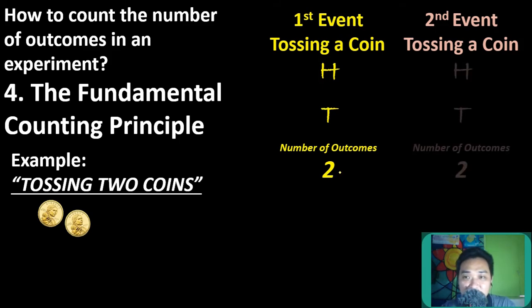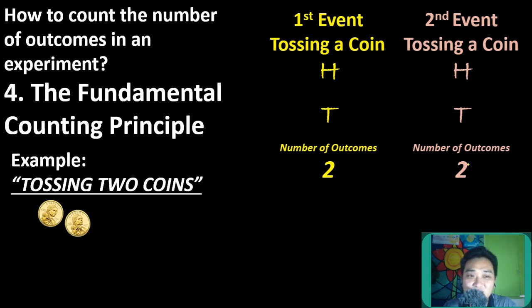Now, on our second event, meron din tayong two outcomes. Again, head and tail, because our second event has something to do with tossing a coin as well.